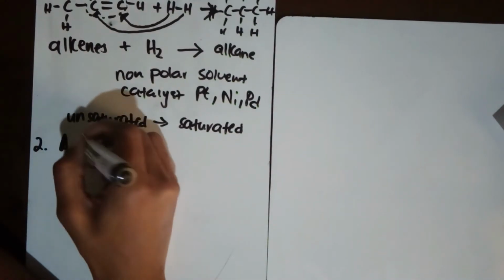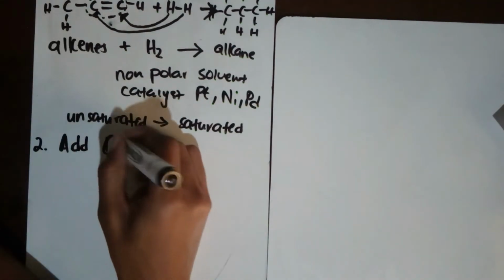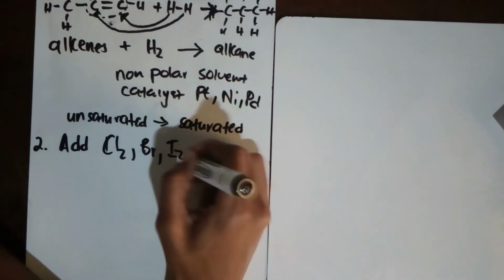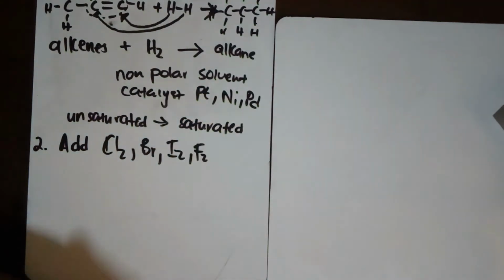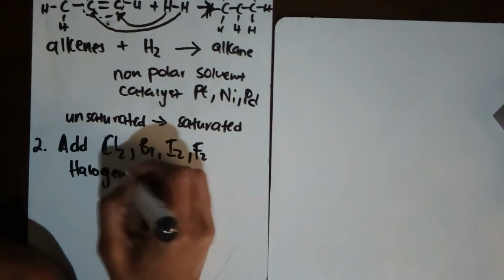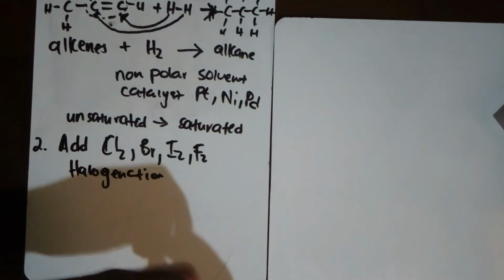Halogenation. It's when we add halogens. So we can add Cl2, Br2, I2, or F2. When we add those halogens, that reaction we refer to as halogenation. We're still adding to an unsaturated double bond.